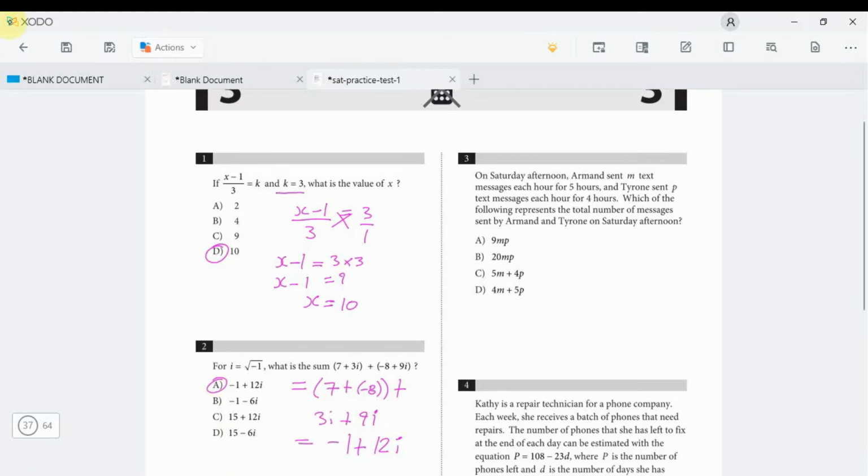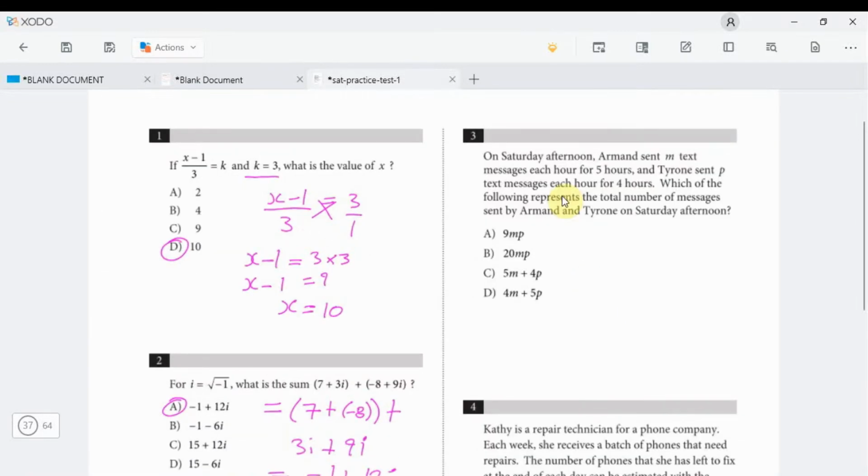It says, on Saturday afternoon, Armand sent M text messages every 5 hours. So that is him sending M text messages every 5 hours. So in 10 hours, he sends 2M. In 15 hours, he sends 3M, and so forth. So it's really 5M to represent the expression for the amount of text sent by Armand.